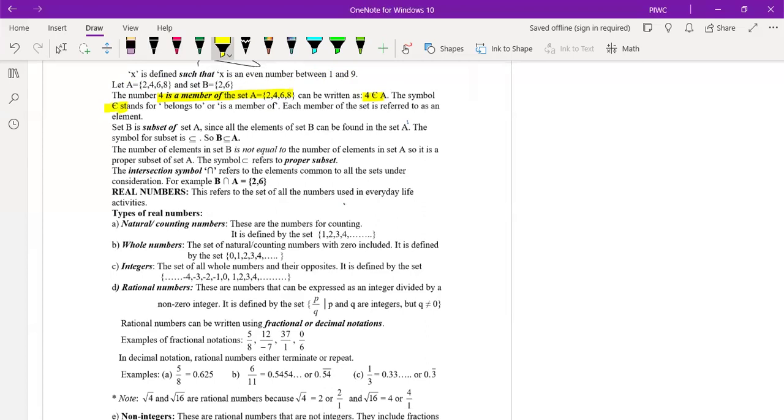Each member of the set is referred to as an element. So let's write another example here. I can say that 6 is an element of A. Or we can also say 6 is an element of the set B.